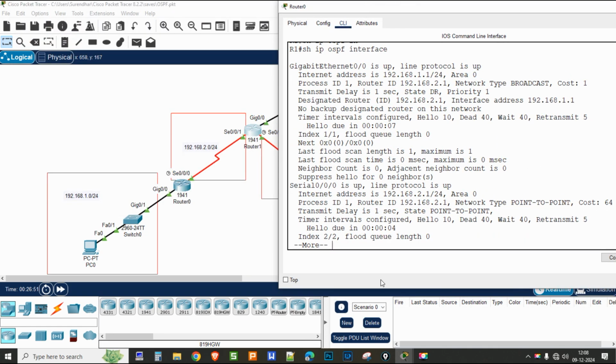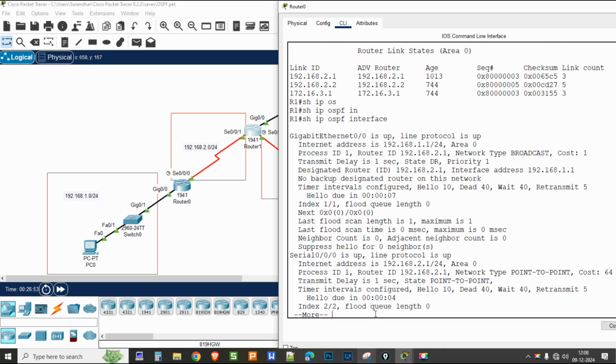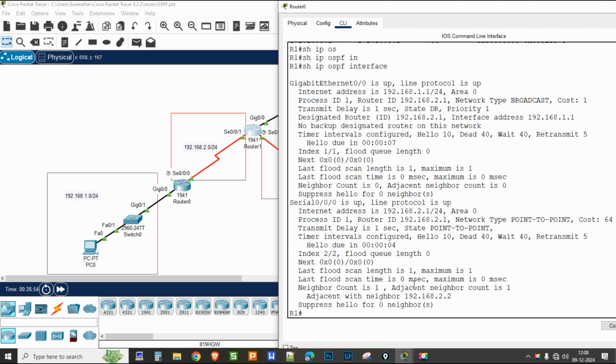So I can explain one by one. This is the first router. It has two interfaces, G0/0 and serial interface 0/0. Here you can see 0/0, then the serial interface. So the line protocol is up. Both are green, so that's why we need to confirm.